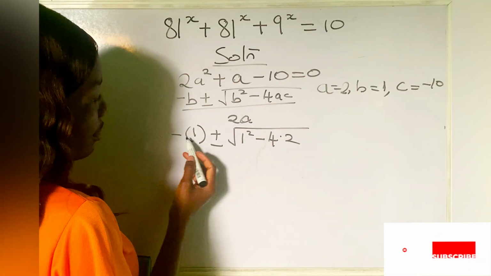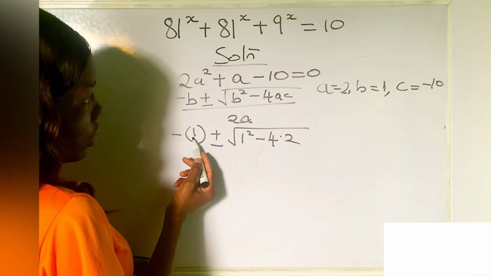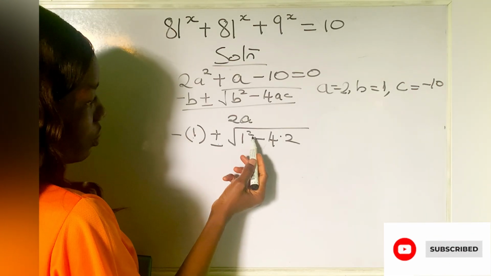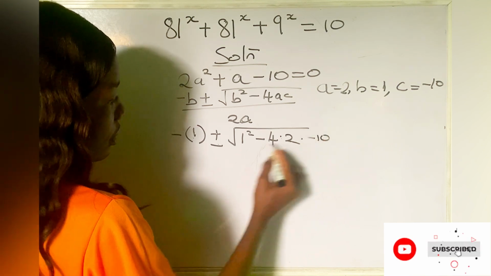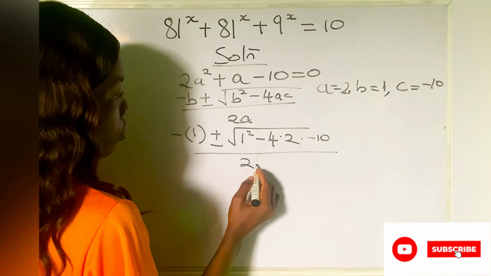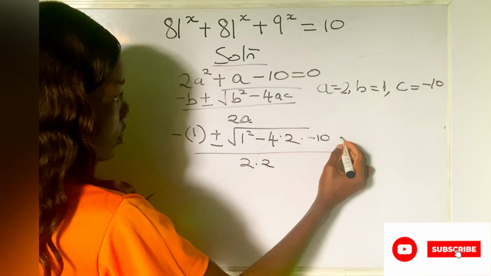So now we have minus 1 plus or minus the root of 1 squared minus 4 multiplied by 2 multiplied by minus 10, all over 2 multiplied by 2, because our a is 2, right?